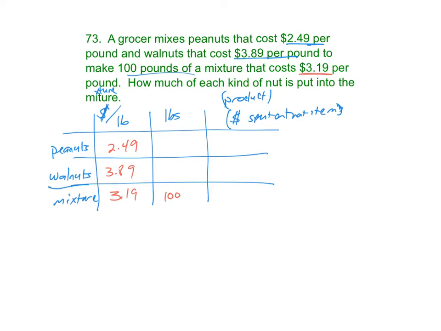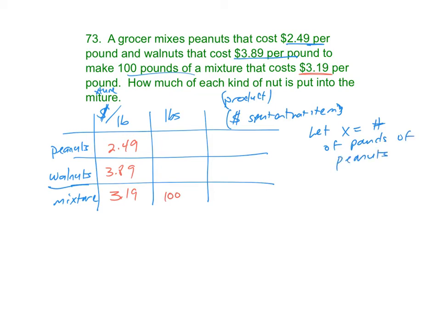And rather than using two variables here, what I would recommend is we'll define our variable. That's always something we need to do when we're doing application problems. So I'm going to say let x equal the number of pounds of peanuts. You could use either one.